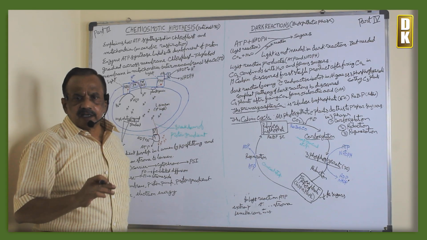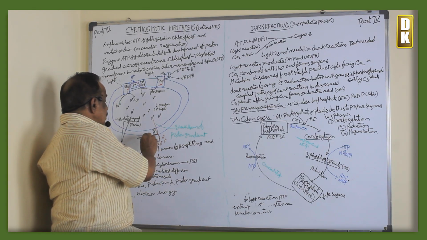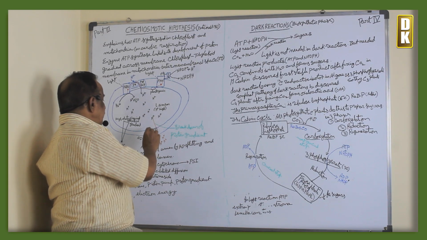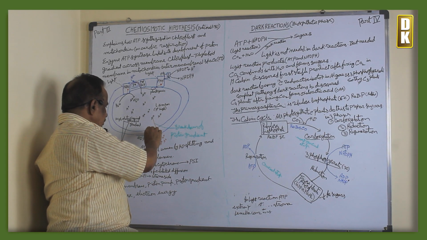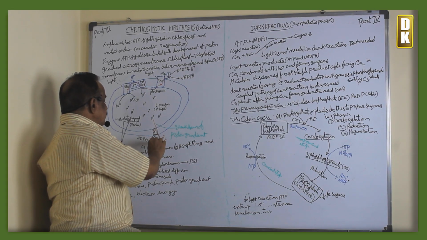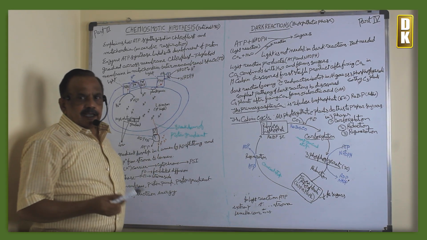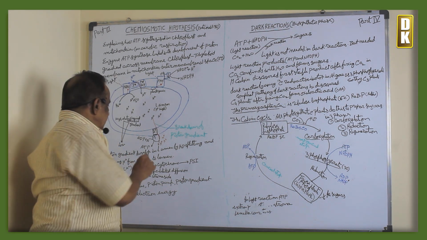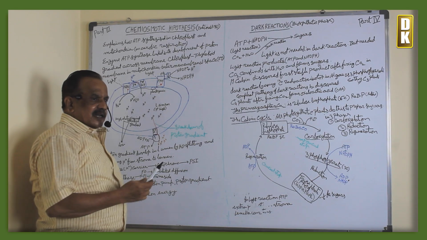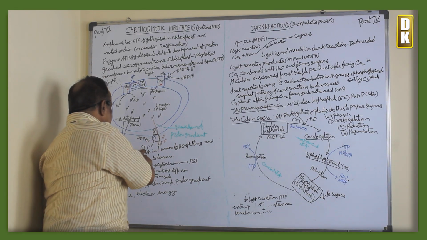Here, the mechanical energy developed by the force of the protons through the F0 will rotate the F1. F1 will have the active sites. In that, ADP and phosphate are already present, and they will be pressed. Then ATP will be prepared.